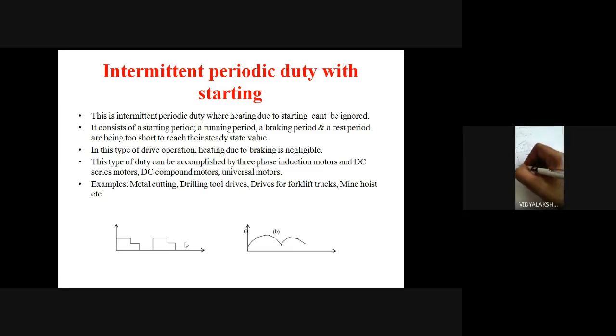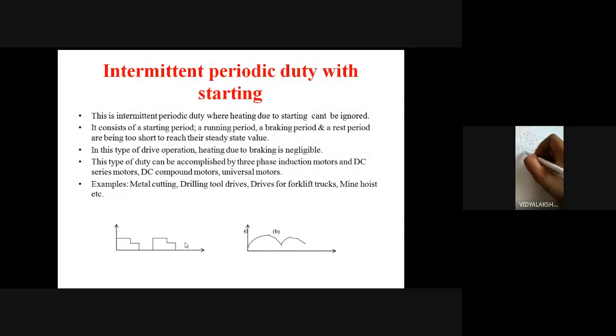So what will happen? My graph will be linearly increasing, and then it will be decreasing. I'm repeating once again: in all the three earlier types, I didn't say about the running period and then the braking period. I said only the starting and stopping. But here I have talked about the running period also. So this is called intermittent periodic duty with starting.